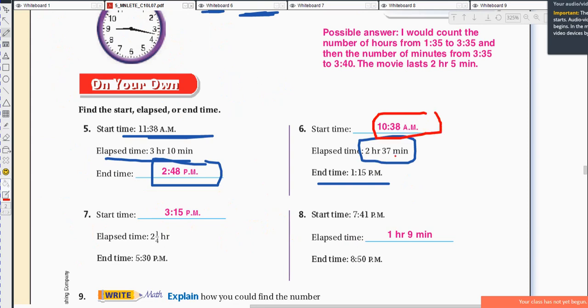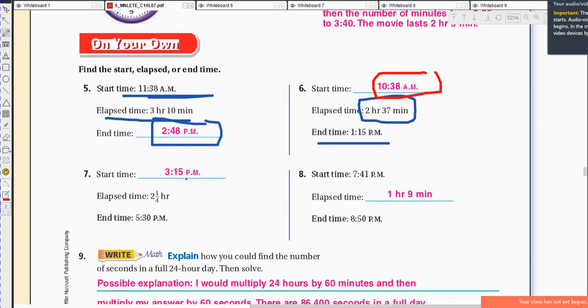Like that. Okay, the next one. Start time, I don't know, and we have elapsed time 2¼ hours and end time 5:30.